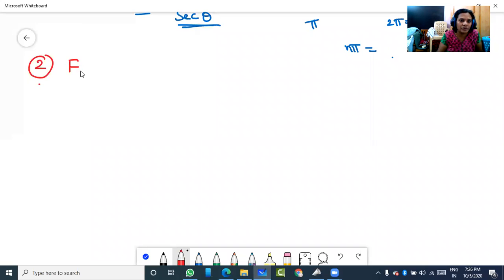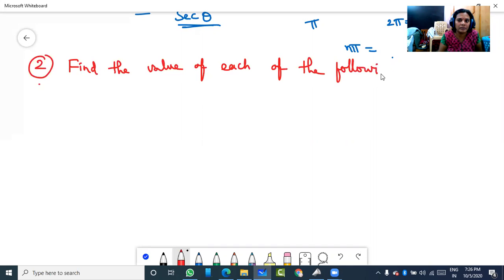Find the value of each of the following. First one, sine of minus 405 degrees.